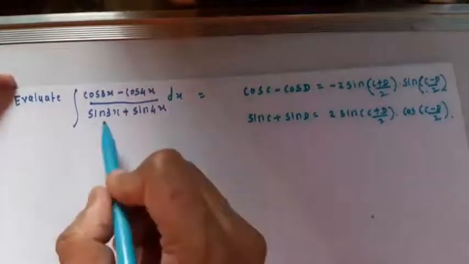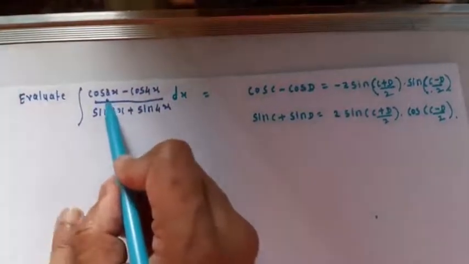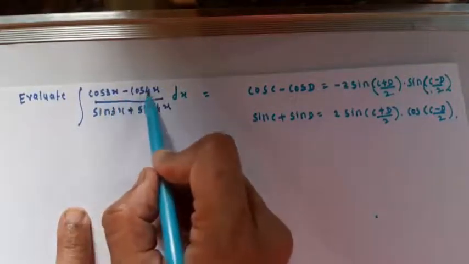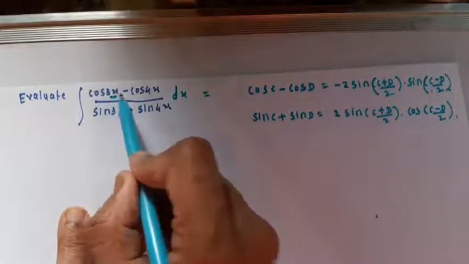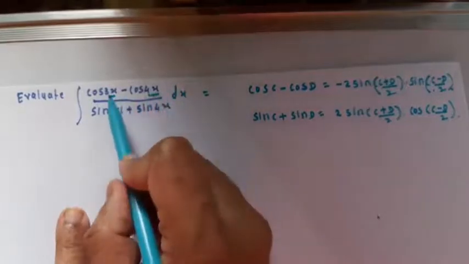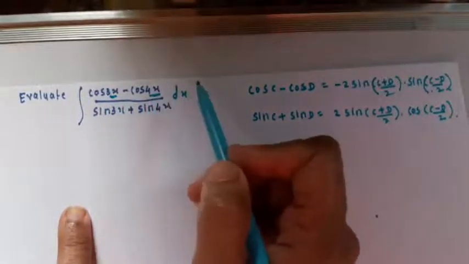Okay students, so here at the numerator cos 3x minus cos 4x is cos c minus cos d, where c is 3x and d is 4x.